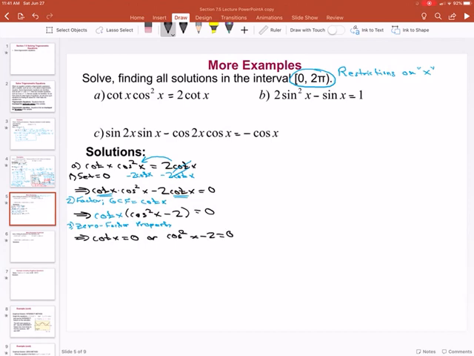Well, when does cotangent equal 0? So if you take that first equation, now cotangent, remember, if you want to think back to your unit circle approach, that's x coordinate over y coordinate. So on the unit circle, let's write that down. We want it to equal 0. That means the x coordinate's going to have to equal 0.